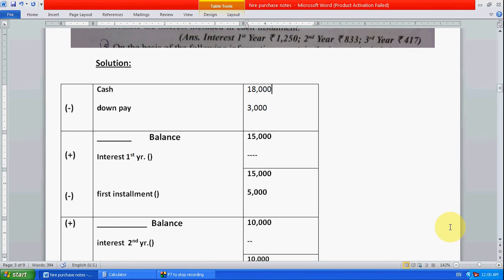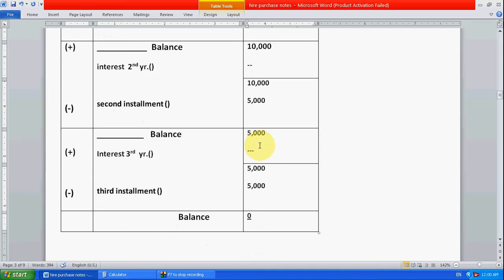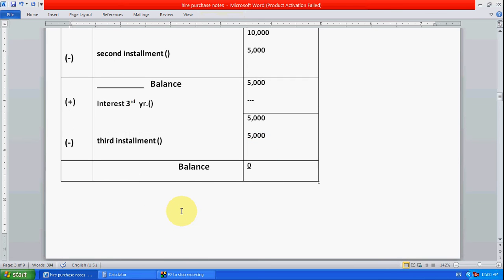First, the amount after deducting the down payment is 15,000. I'm writing the interest amount here. How do we calculate this interest?